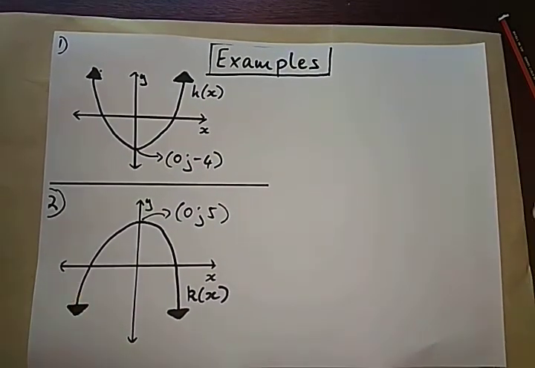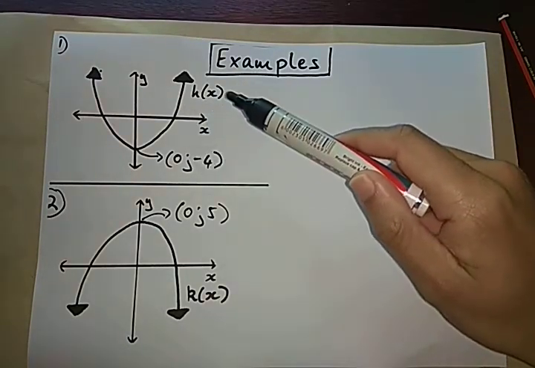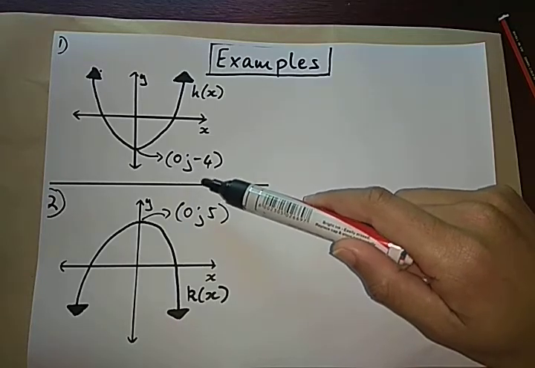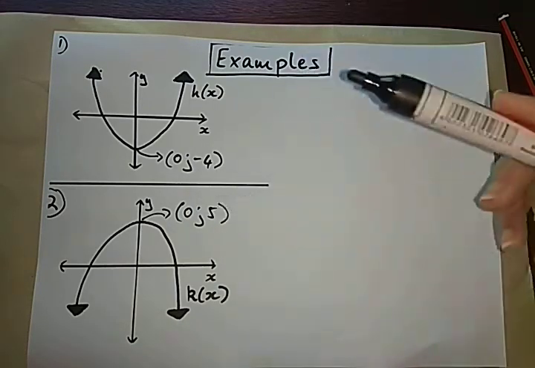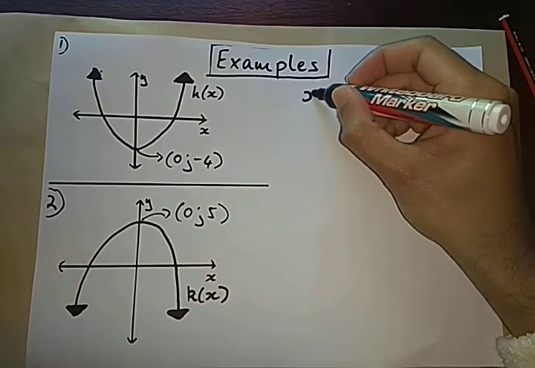Let's take a look at a different set of examples using a parabola. And it works in the exact same fashion. We have a parabola called h of x plotted on a set of axes, and it intersects the y-axis at 0 and negative 4. So let's go ahead and find the domain of this graph. Domain refers to the x.